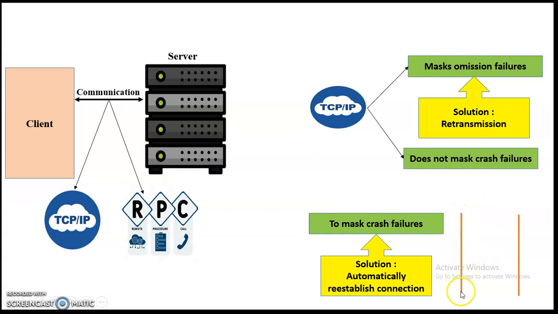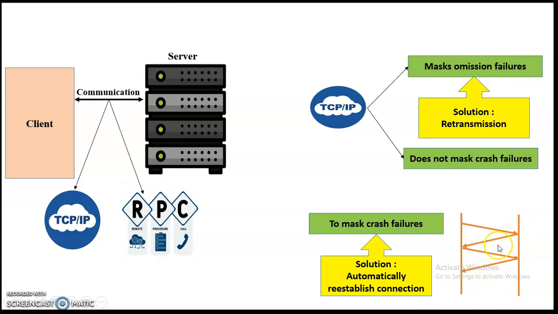Let us say this is a client and this is a server. The client is sending a request to the server, and the server sends a reply saying that the server is down, please resend it. The client again sends the message, and again the server says that it is down, please resend it.